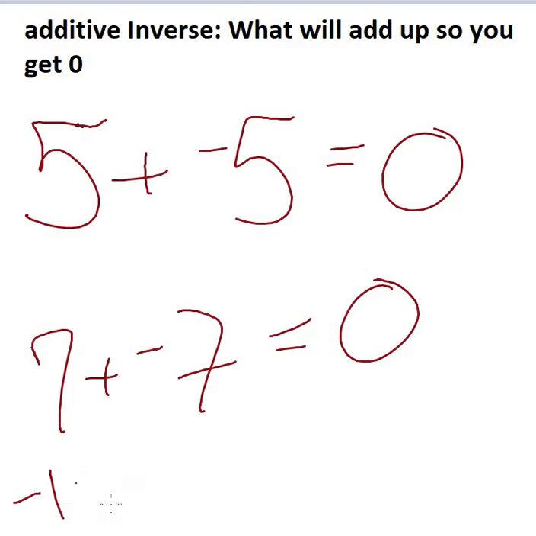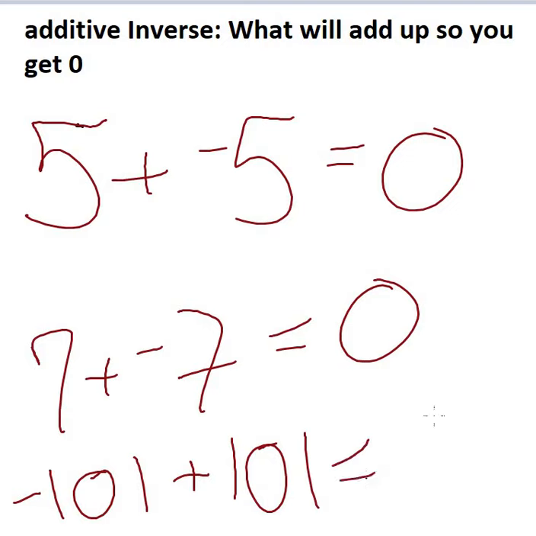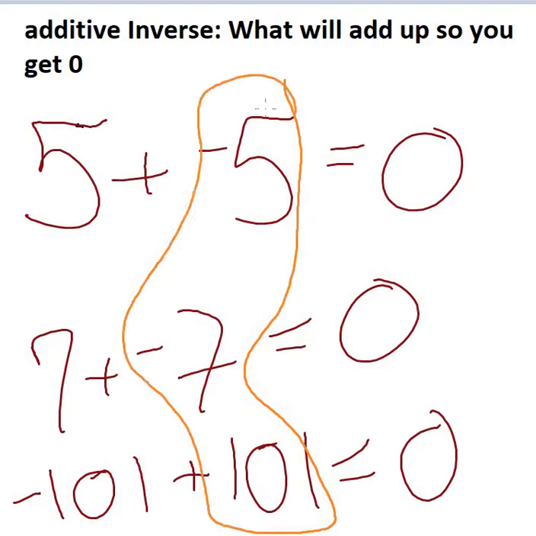If I take negative 101 and I add positive 101, I get 0. So all these are additive inverses of the other numbers, right? The additive inverse of 5 is negative 5. The additive inverse of 7 is negative 7. The additive inverse of negative 101 is 101. And do you see the pattern? You just flip the sign.